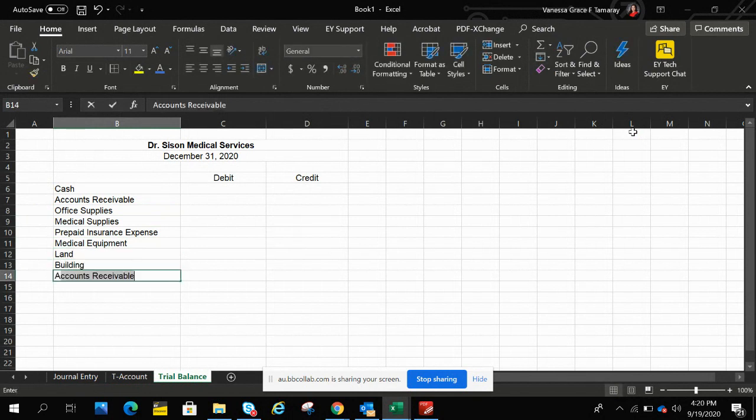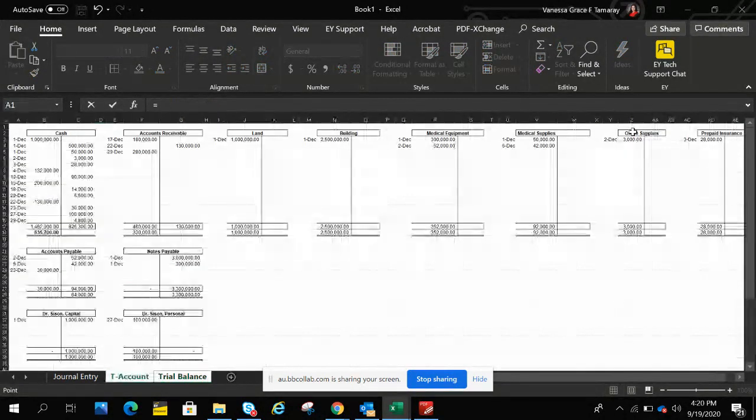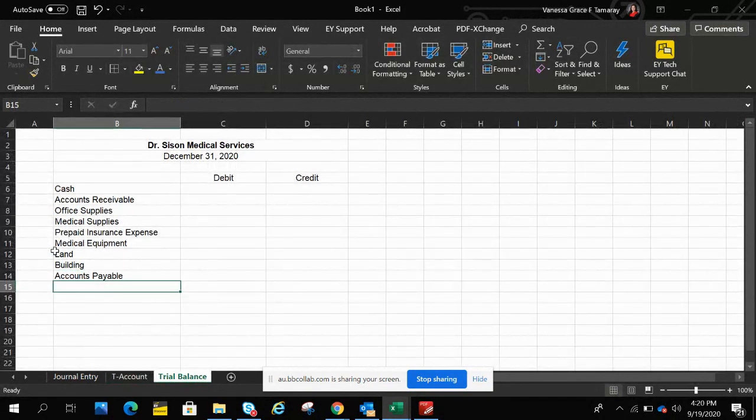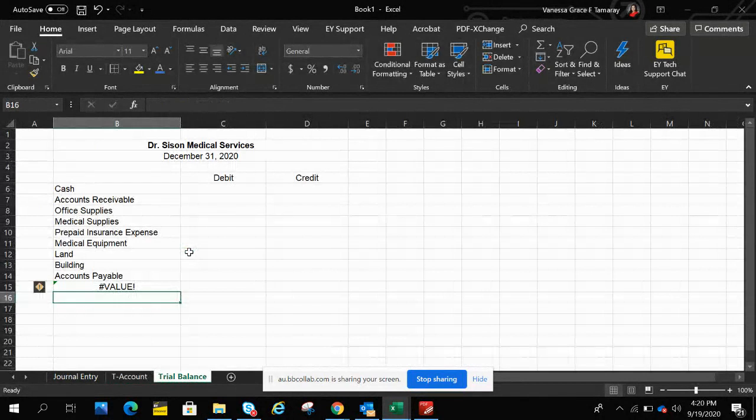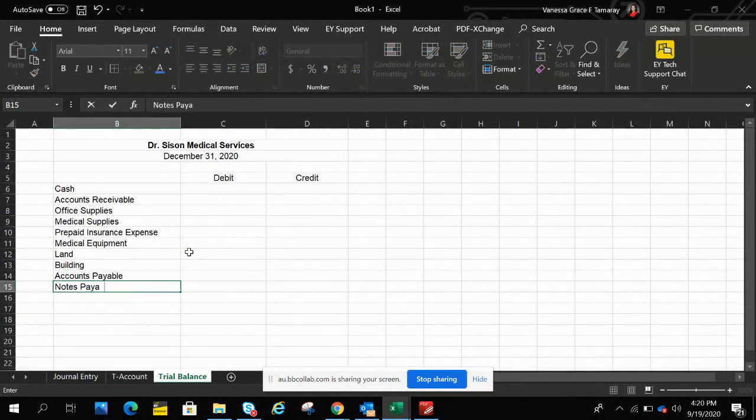Next, we have accounts payable, di ba? Balikan natin. Meron din tayong notes payable. Ayun. And then, capital. Doctor season. We also have doctor season.